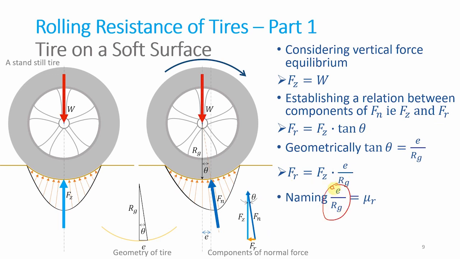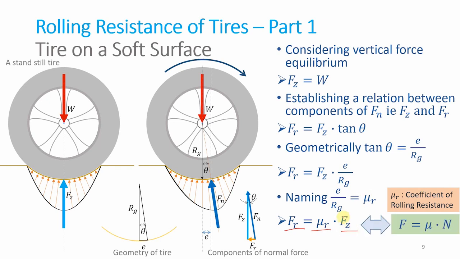Now naming E by Rg as mu r, where mu r is the coefficient of rolling resistance, we can write Fr equals mu r into Fz. Similar to the tire on a hard surface, we got a similar result. F equals mu N is the normal friction equation we know, and this new equation also resembles it, so that's why we call this the coefficient of rolling resistance.